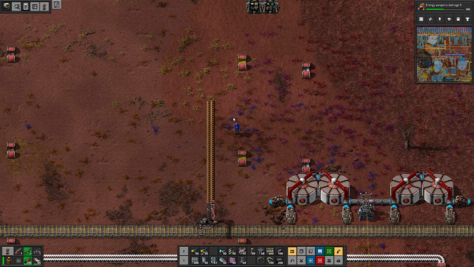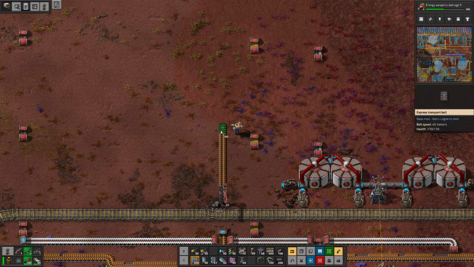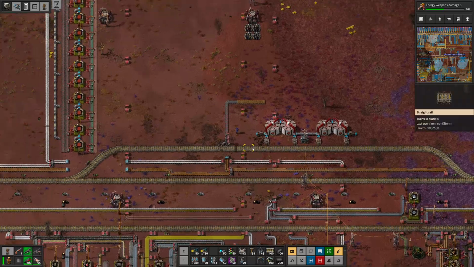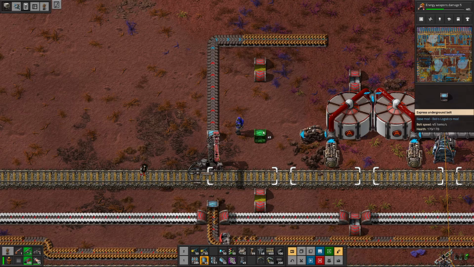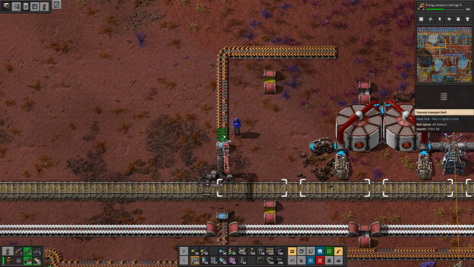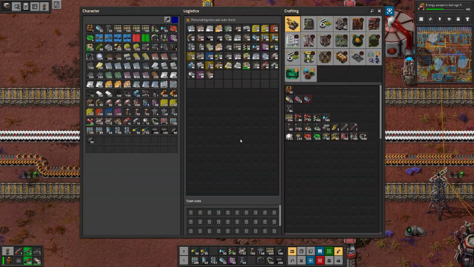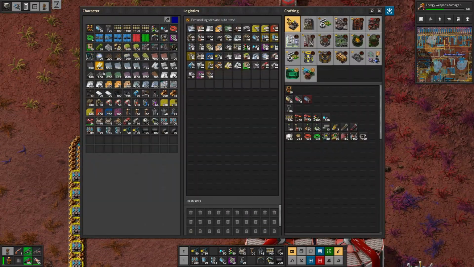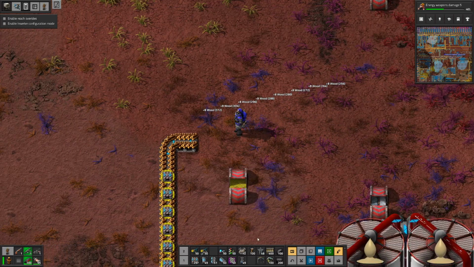All right, so first thing we're going to need to do here is let's go ahead and get this processed into cellulose fiber.